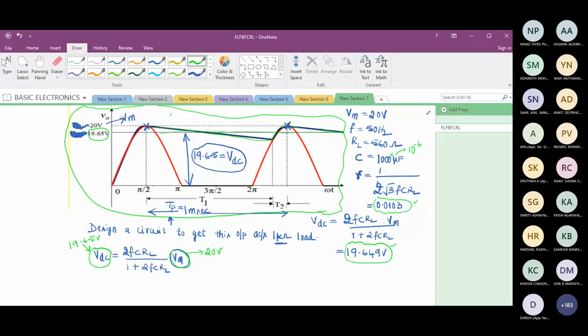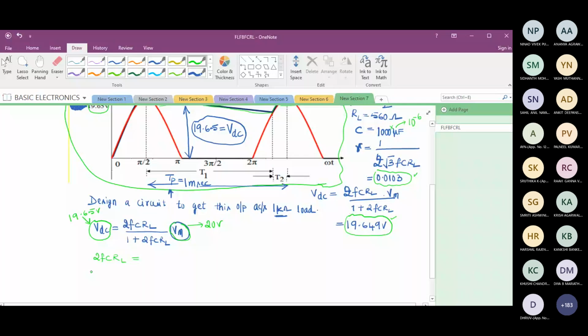Can I get the 2FCRL value from this equation? How much is it? 56. So I'm getting 2FCRL value equal to 56, and I'll take this as equation 1.